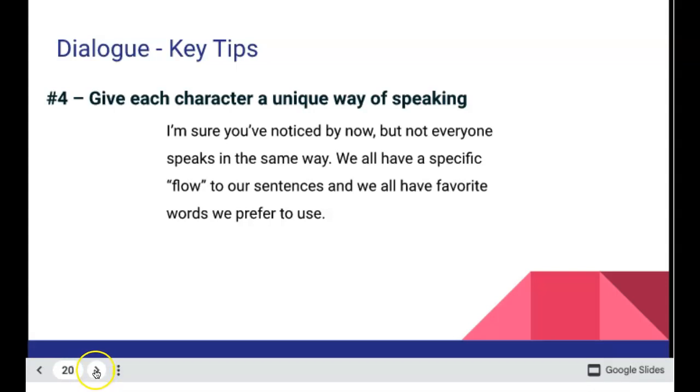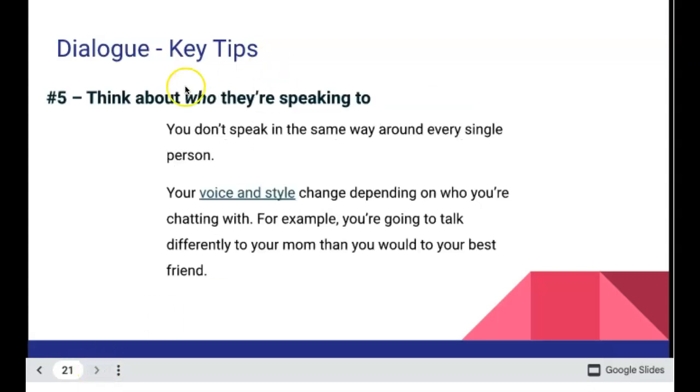So think about who they're speaking to, and we certainly change the way we speak by the audience that is listening to us. All right, those are some key terms about dialogue that you should be able to both pass off on a test and then use as you write your own story.